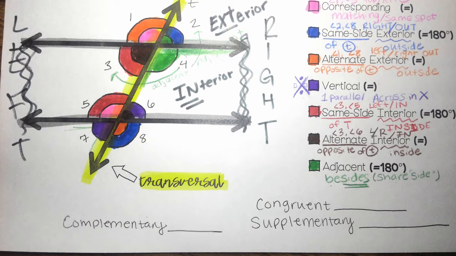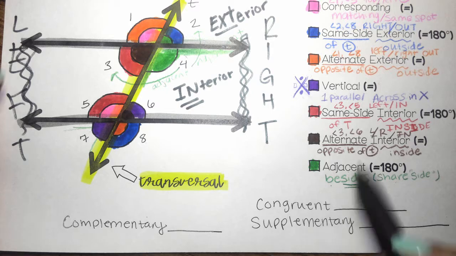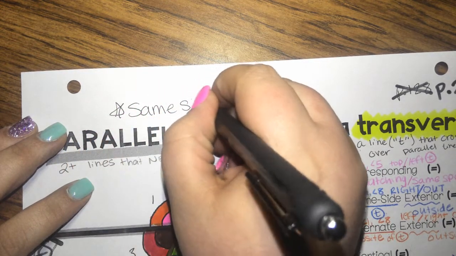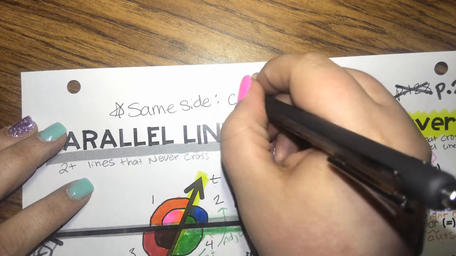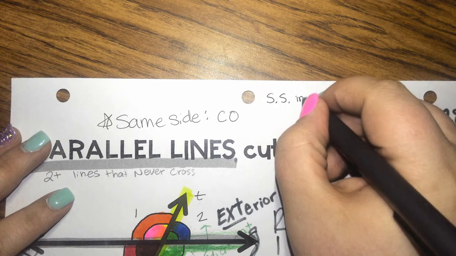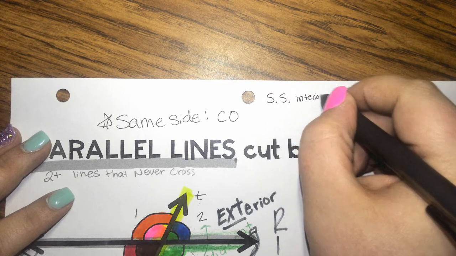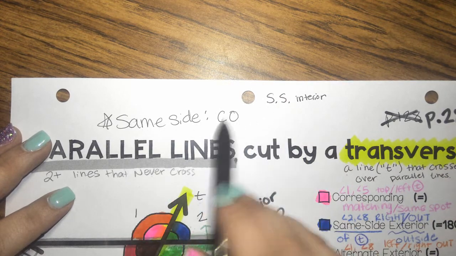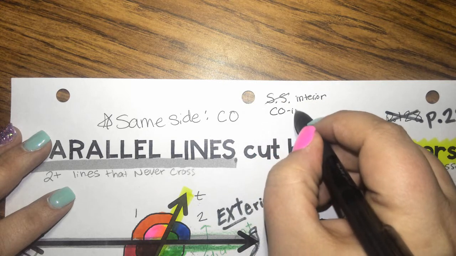All right, a couple more things to talk about. We defined something that was on the same side of the transversal, just on the inside or the outside, as same side exterior or same side interior. Make a note that same side can also be referred to as co. So if I said same side interior, instead of same side, I could say co to get co-interior.